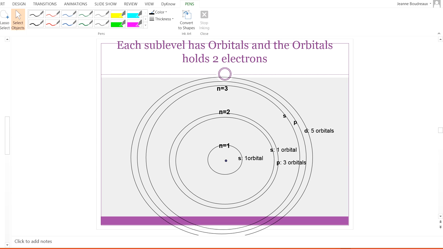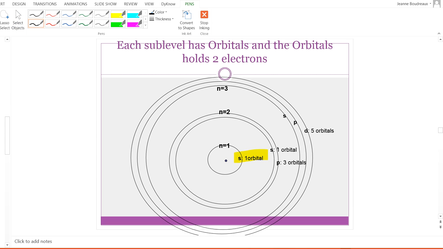So, if we take a look at this and put it all together, N is equal to 1, that's our first energy level. It can only hold an s orbital. N is equal to 2 is our second energy level.